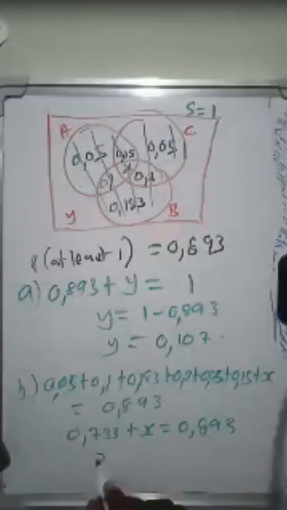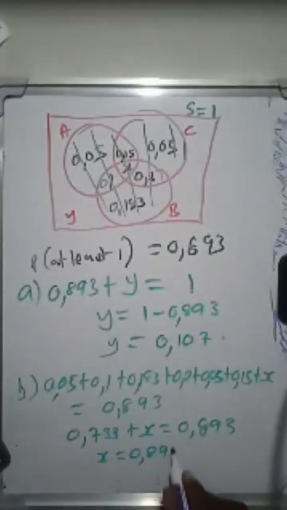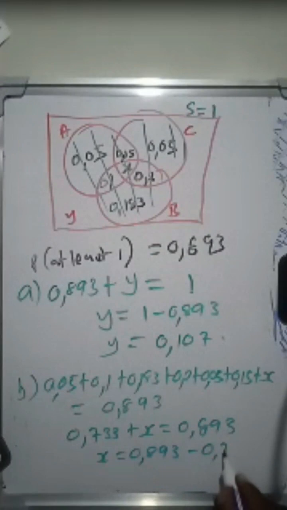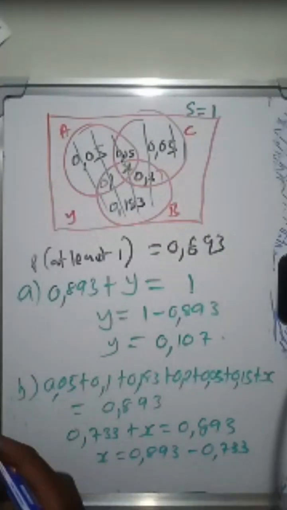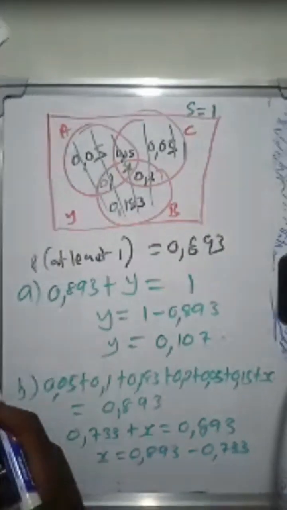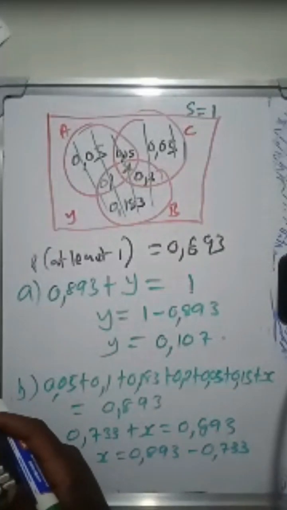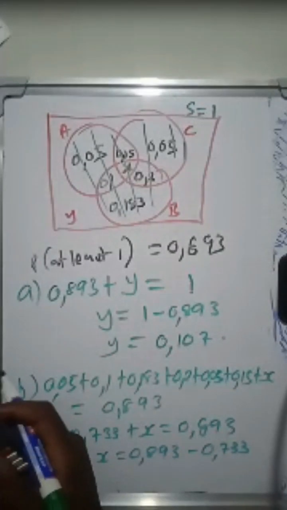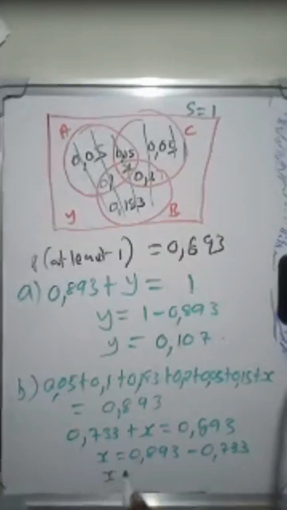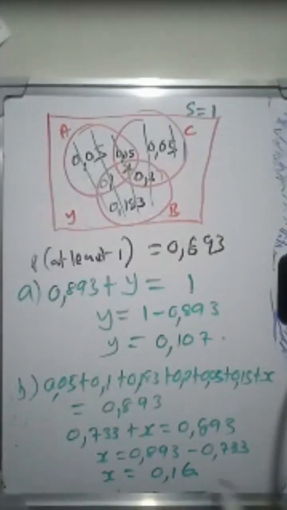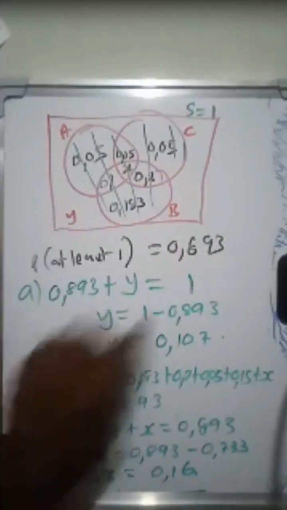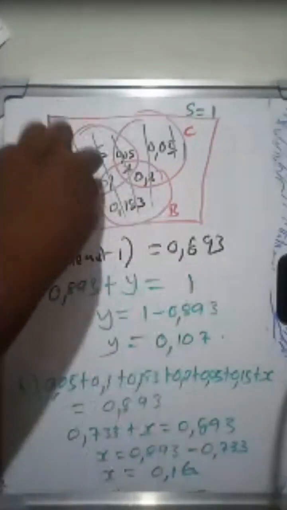So it means x is equal to 0.893 minus 0.733. Then we get that x there is going to be 0.16.